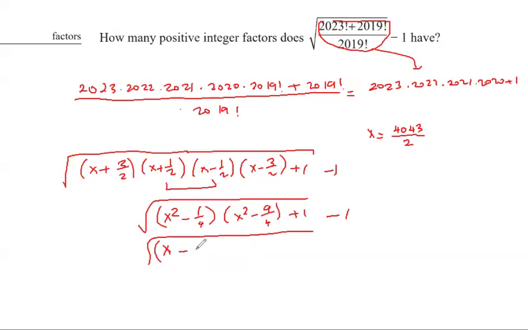So we can just write this as x squared minus 5 over 4, and to get negative 1/4, you will get plus 1. So this guy is the same as this one. And the second one is x squared minus 5 over 4 and minus 1. And then there is a plus 1, right? And -1. So now we have another difference of squares.